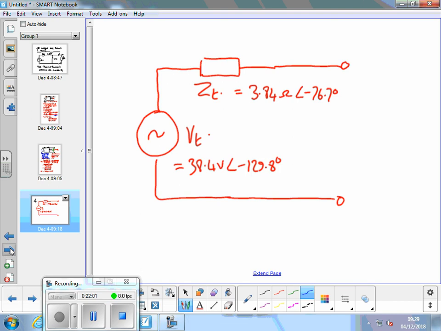So now we've got that, we can place our load back in. What value did I give RL in the first place? 25 ohms. We can calculate IL. How are we going to do that?